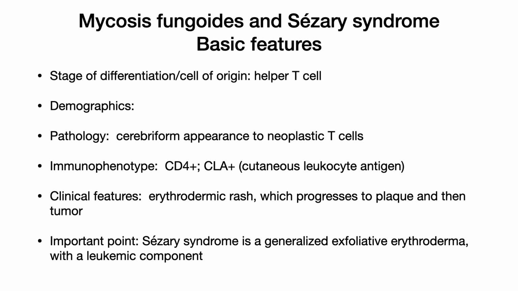It's a T cell, so CD4. It produces a rash, and then that progresses to a plaque, so slightly raised, and then a tumor, which would be really raised. Sézary syndrome is more of a generalized exfoliative erythroderma, and then you see a leukemic component, which would be the neoplastic cells with the cerebriform appearance.